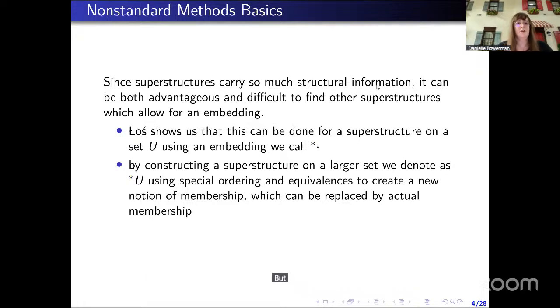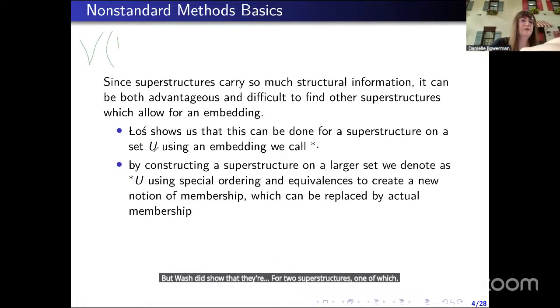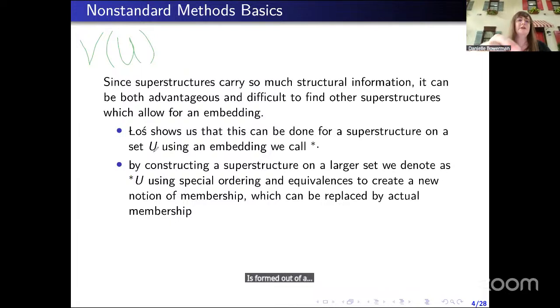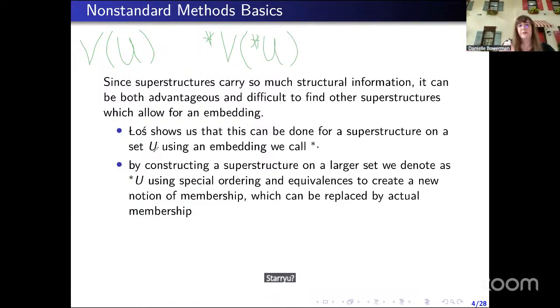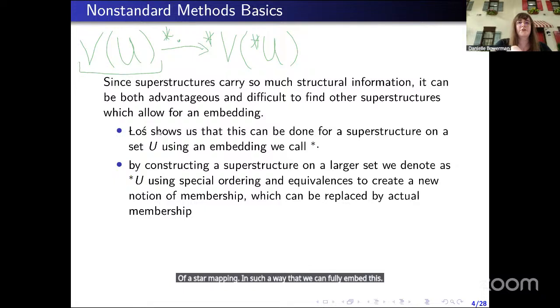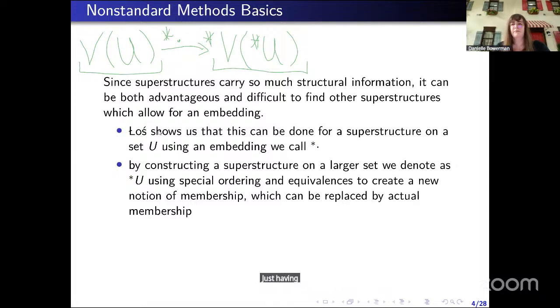But Wash did show that for two superstructures, one of which is formed out of a set U, and the other of which is formed out of a bigger set, star U, there does exist a construction of a star mapping in such a way that we can fully embed this superstructure into this larger superstructure without just having some sort of boring identity.